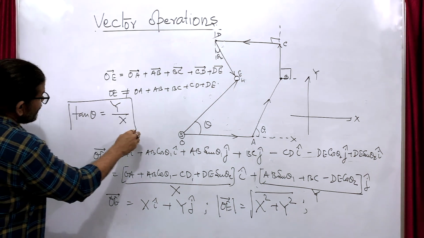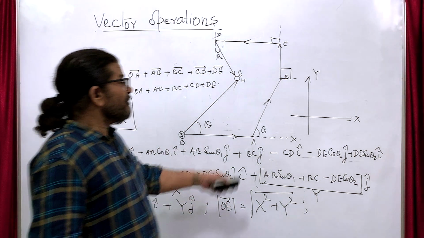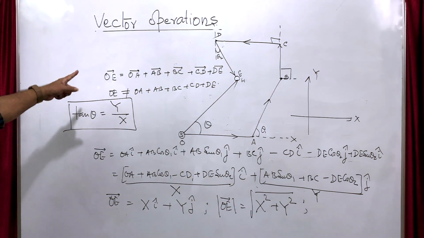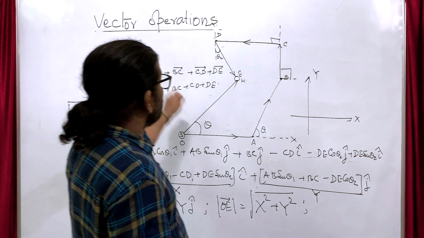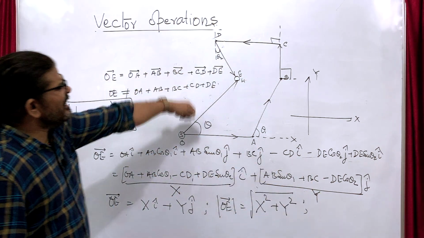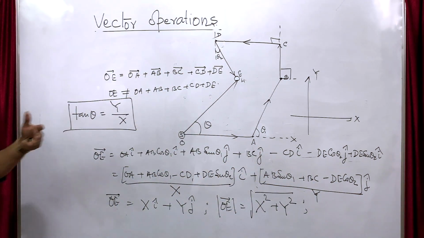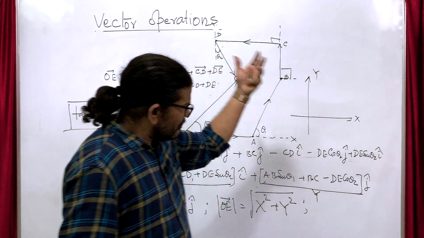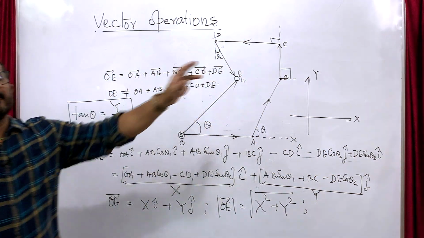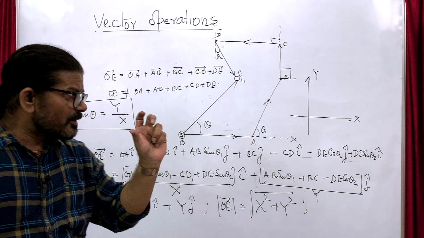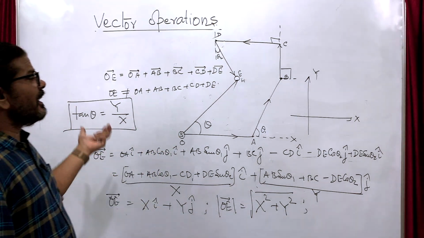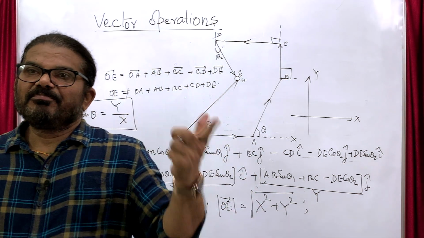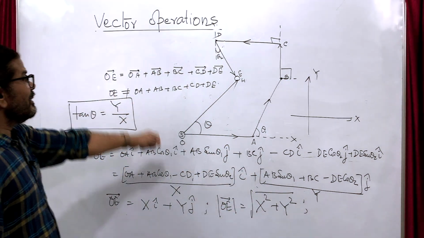So by using these methods, very easily you can calculate the resultant of 2, 3, 4, 5, 6, many vectors, any number of vectors, in very little time without consuming unnecessary time.